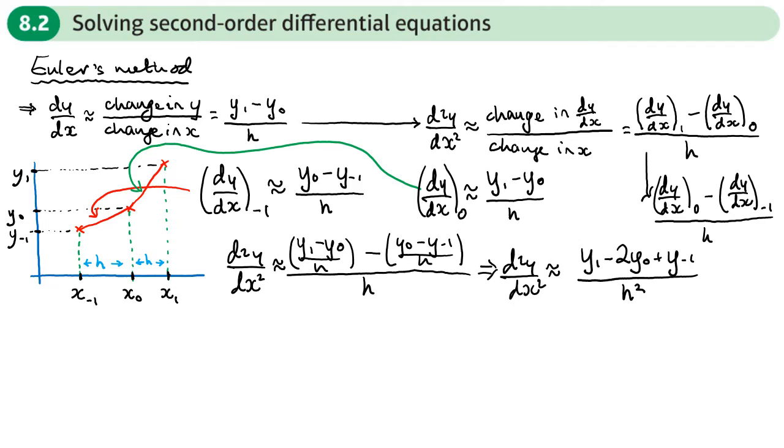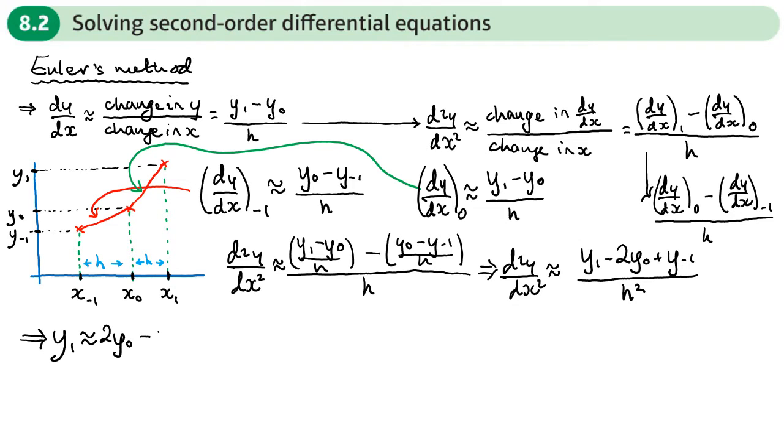So we're just going to rearrange this into a form that's going to be usable, because we want to find y1. Remember, the whole point of using this numerical method is so that we can estimate values of y. So y1 is going to be approximately 2y0. So I'm just rearranging what I did before.